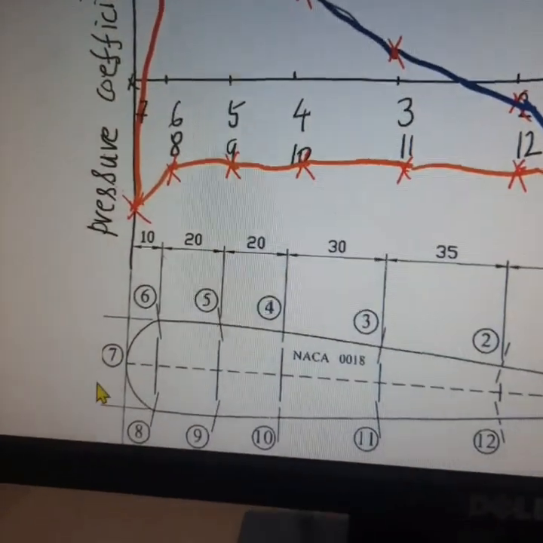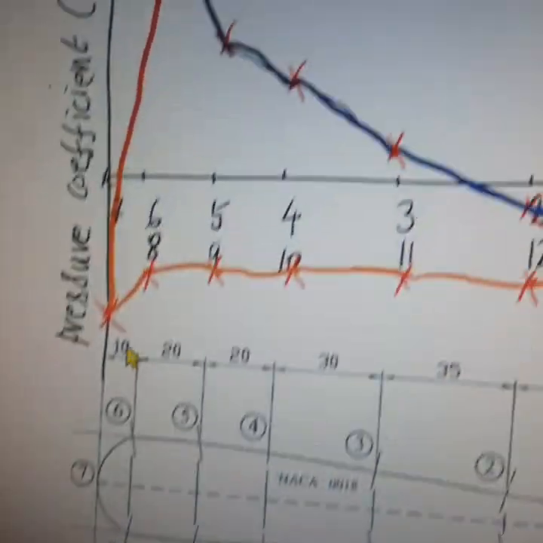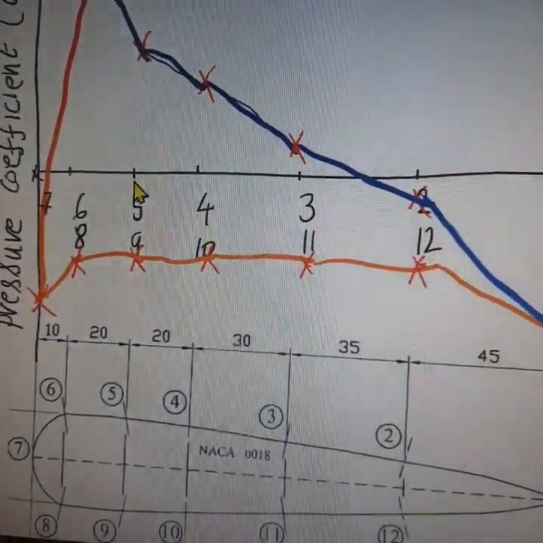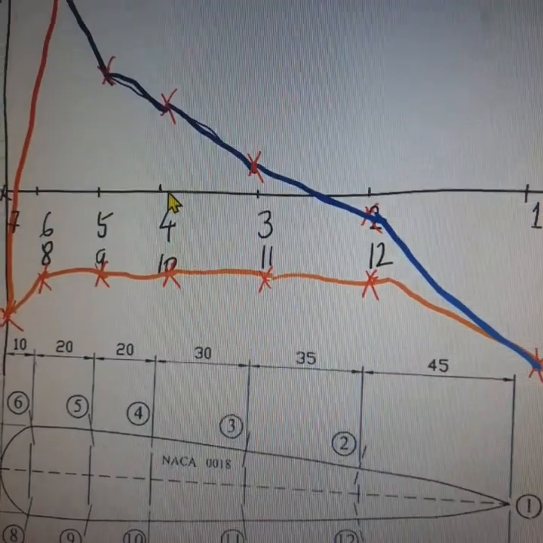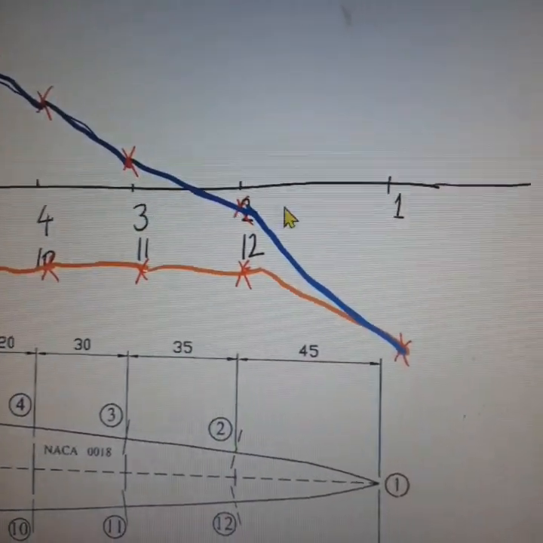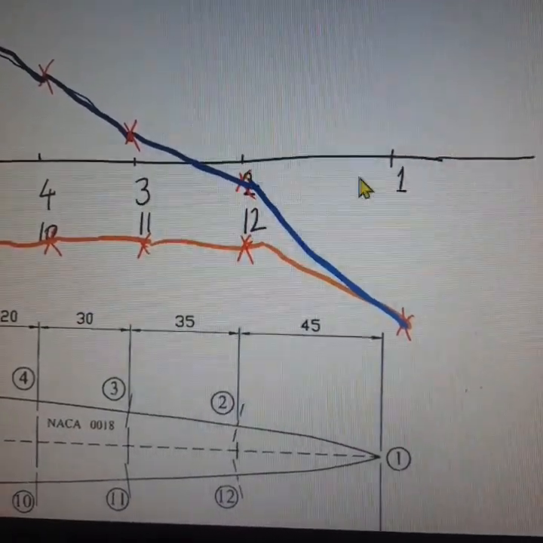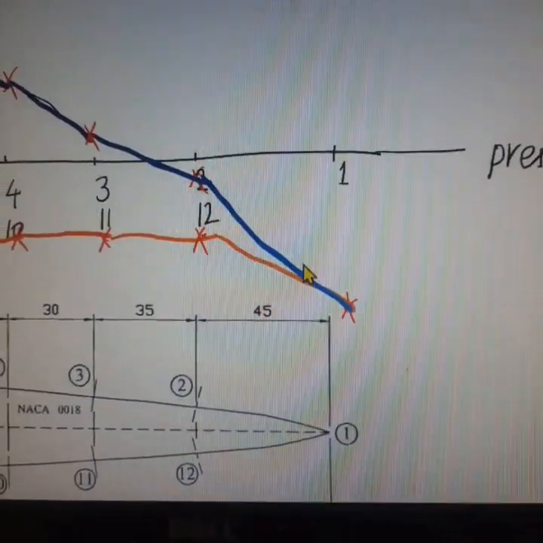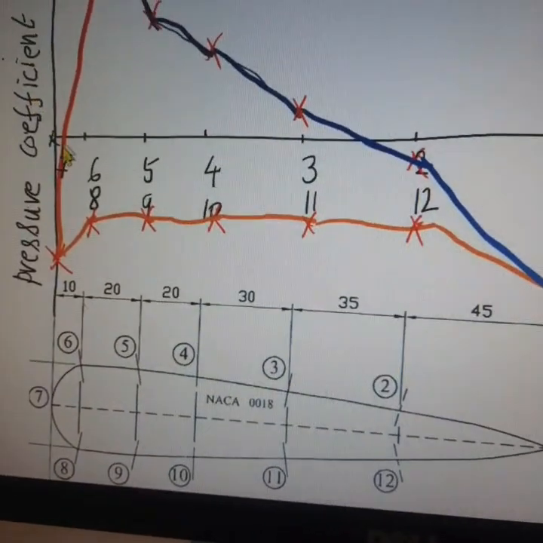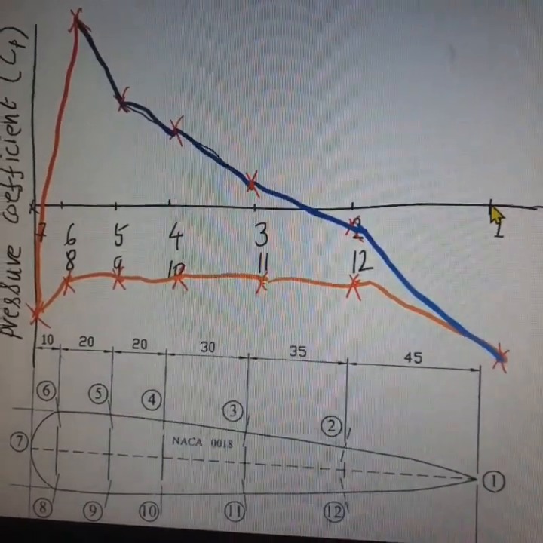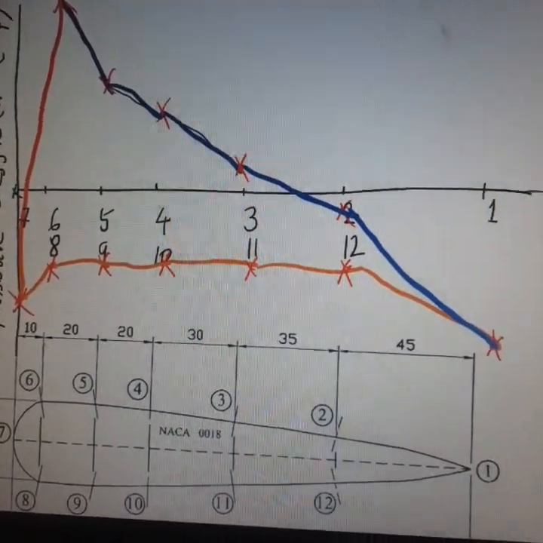Similarly, 8 is also at the same distance. So 6 and 8 are on the same line, 5 and 9 on the same line, 4 and 10 on the same line, 3 and 11 on the same line, and 2 and 12 on the same line. The first pressure tapping point is at a distance of 160 centimeter from the origin. So we have to mark all the points in the 1:1 scale.